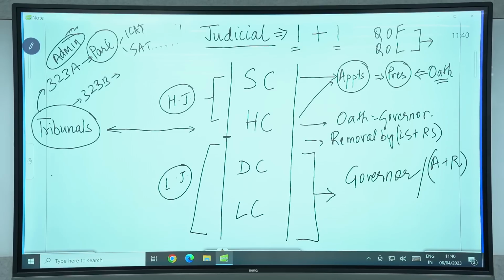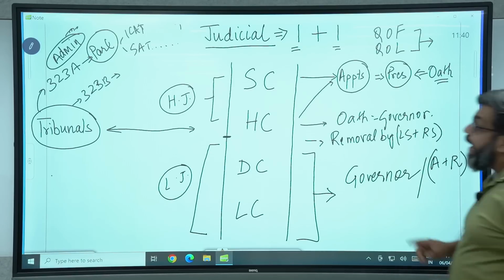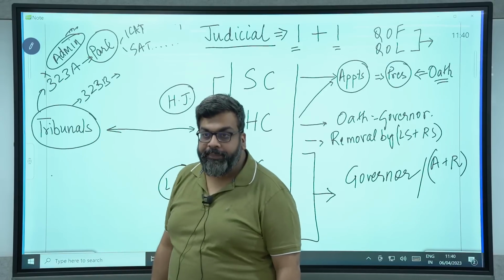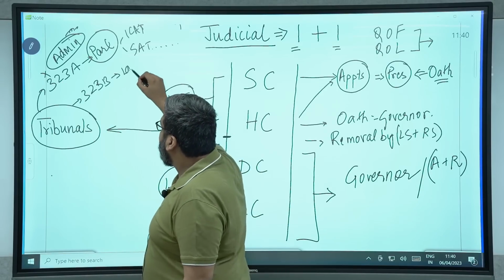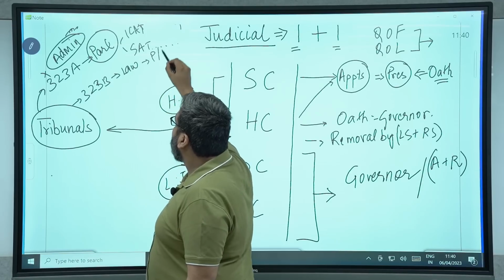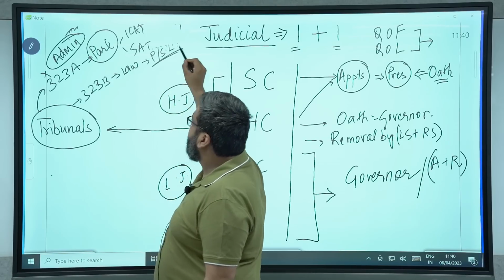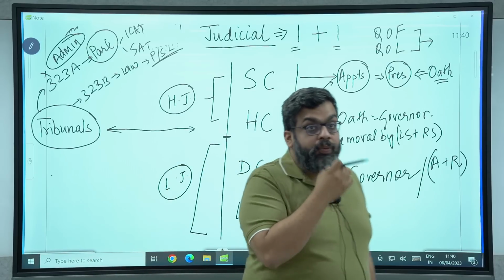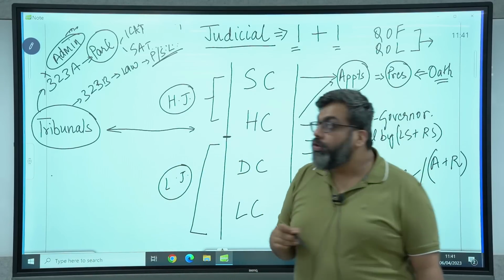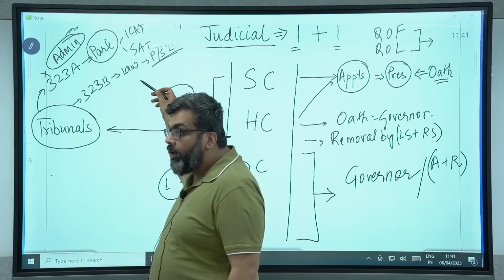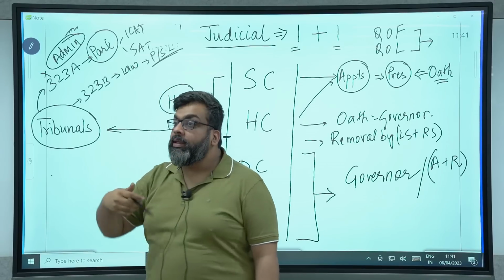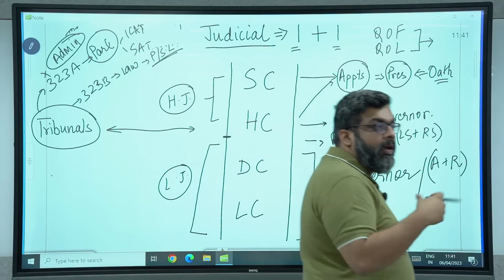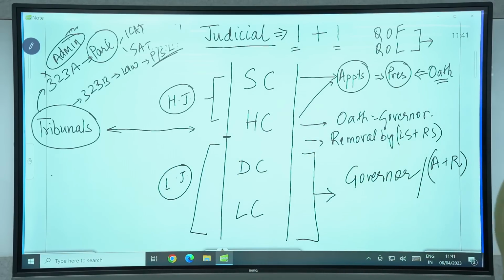So 323B are tribunals for any other reasons except administration. Again, made by a law, by the parliament or state legislatures. Why either of the two? Because you may be making a tribunal on a law which is on a subject in the state list, or it could be a law which is only for that state.